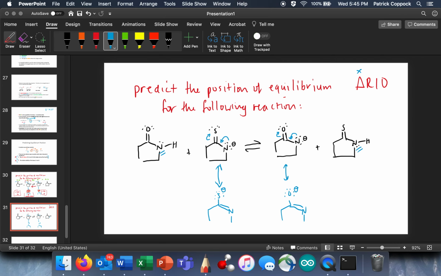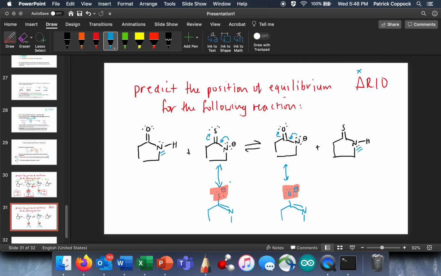So now I'm going to have to appreciate how stable that is compared to how stable that is, okay? So I used resonance, now I'm actually going to go back to the atom again, right? Because I can now consider the stability of that atom over the stability of that atom.